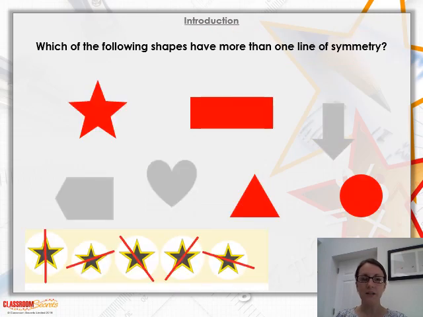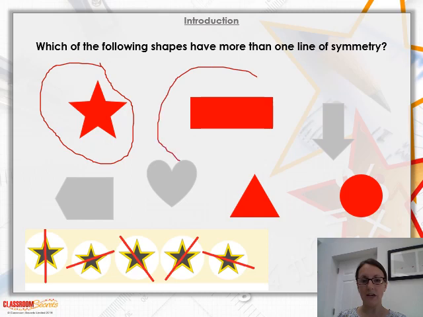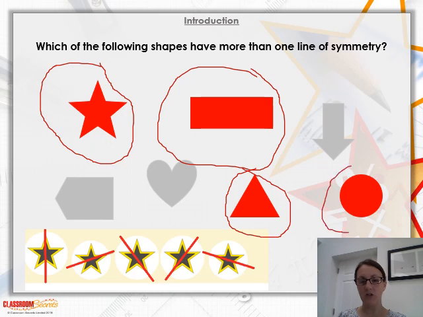Okie doke. So hopefully you've recognized that these shapes here, so the star and the rectangle and the triangle and the circle have more than one line of symmetry.